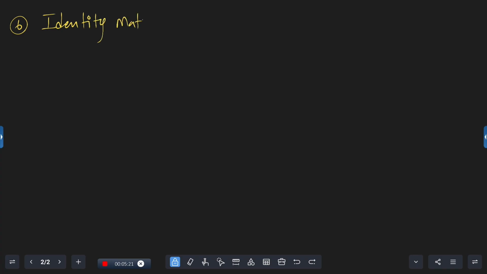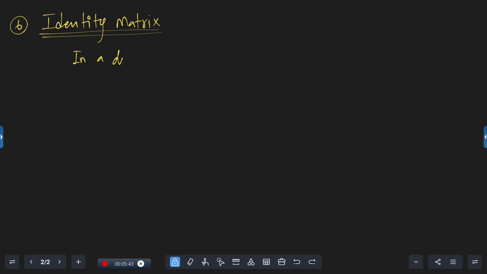This is also in a diagonal matrix only. In a diagonal matrix, if all the diagonal elements are equal to 1, then we can say it is an identity matrix. Right, so you can start.